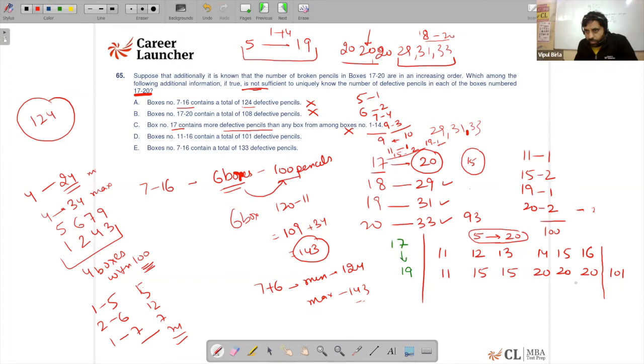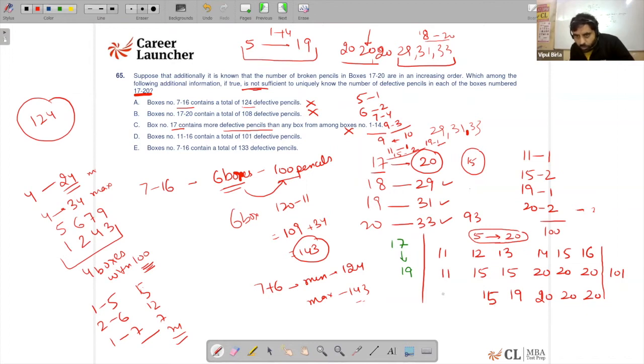Let's see whether we can have any other case also. If I take 20, 20, 20, that makes it 60. 60 plus 19 is 79. 79 plus 15 is 94.